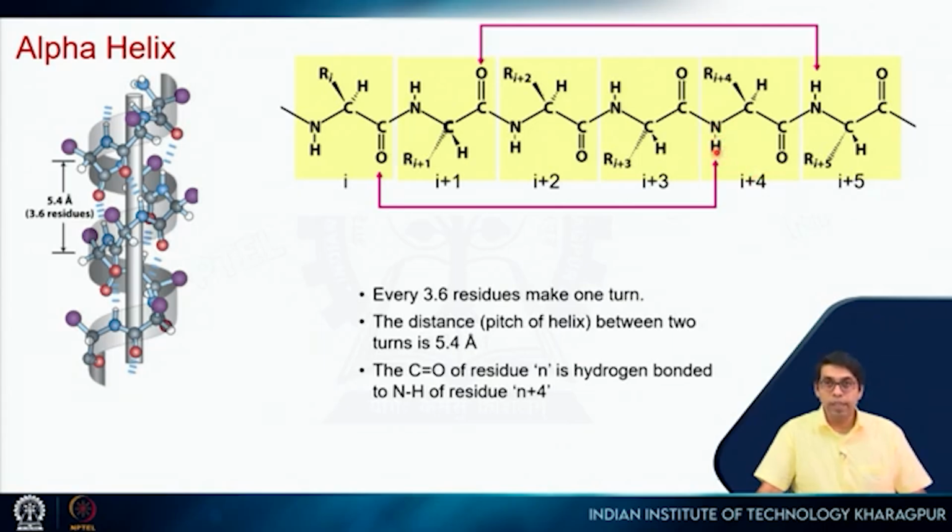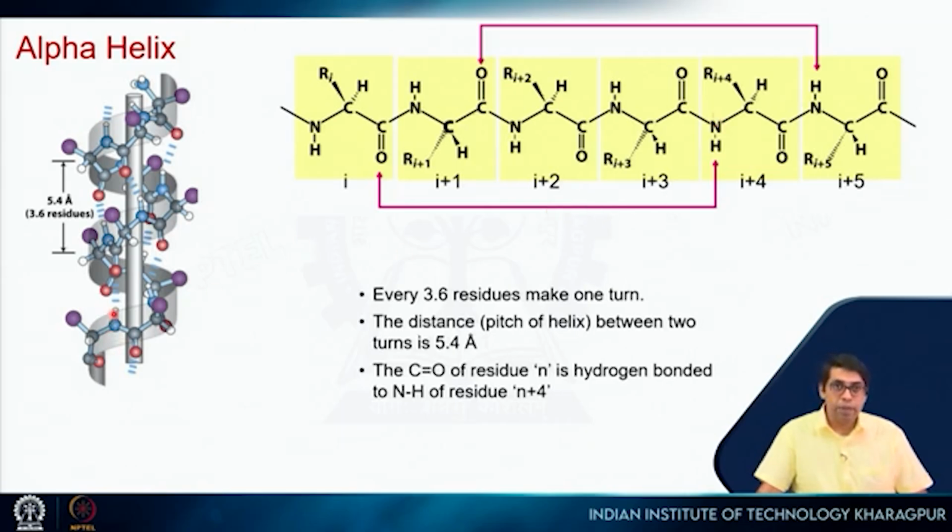So you see this NH will form a hydrogen bond with this CO. Similarly, the next amino acid NH will form a hydrogen bond with the next amino acid CO. So I with I plus 4, I plus 1 with I plus 5, I plus 2 with I plus 6, and so on. So there is always a difference of 4 amino acids and you can see that.